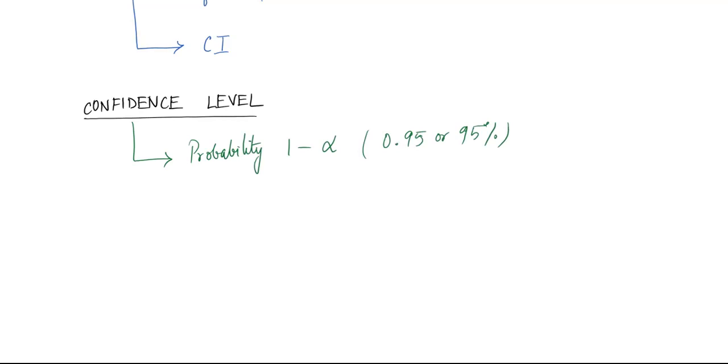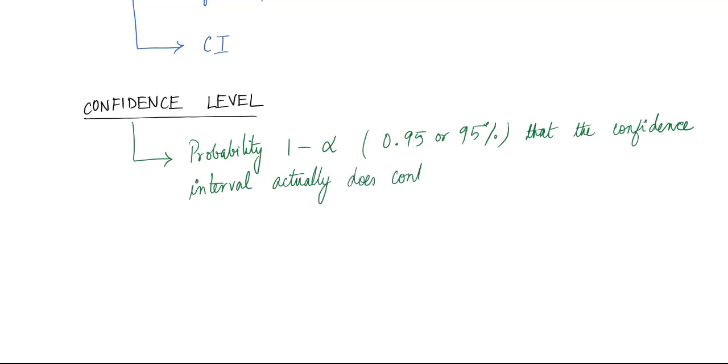That the confidence interval, the one that we just discussed, right? So it's a probability 1 minus alpha that the confidence interval actually does contain the population parameter.